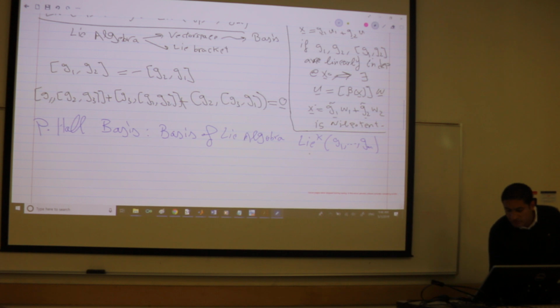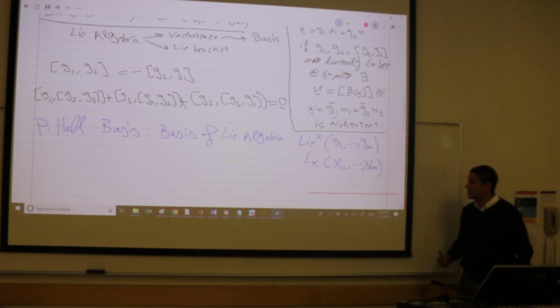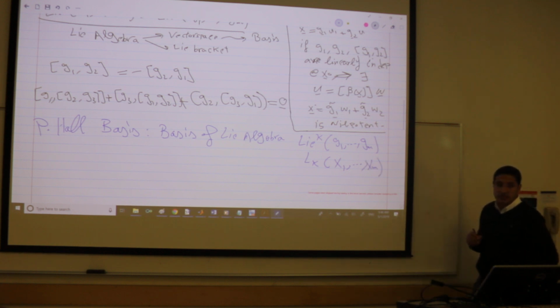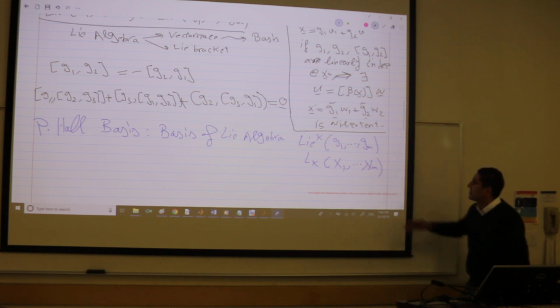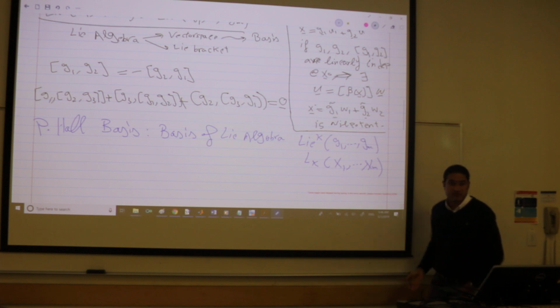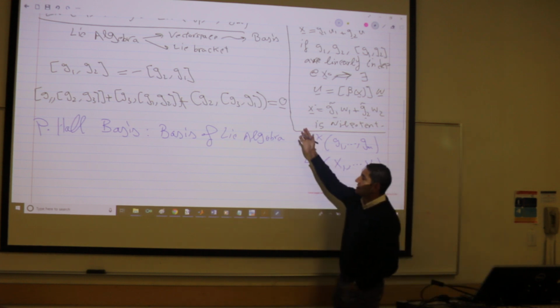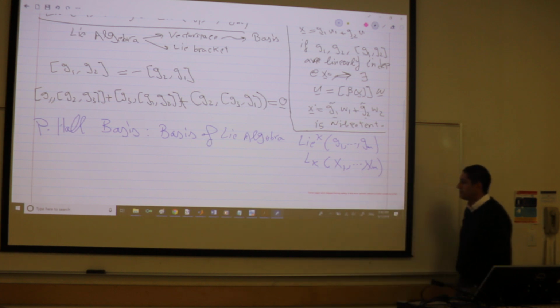This is much more generic than vector fields. Some people denote it by L_k(x1, ..., xm), and they call the x's indeterminates. Indeterminates mean to be determined later. We don't care about their nature. They can be vector fields, matrices, or polynomials. It doesn't matter as long as they live in a Lie algebra.